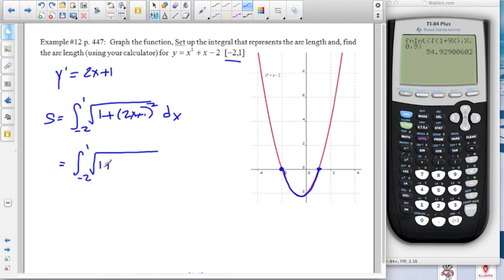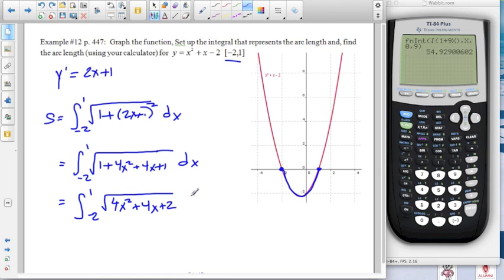So we got 1 plus, and if we FOIL this out, we got 4x squared plus 4x plus 1 dx. And combining like terms to simplify this expression, we have the square root of 4x squared plus 4x plus 2 dx.